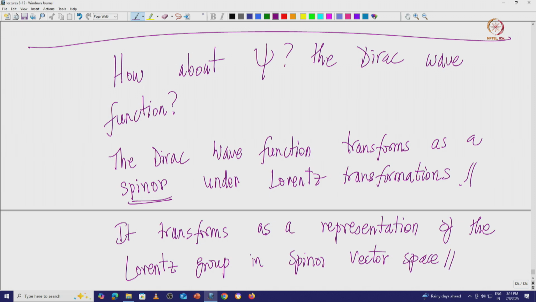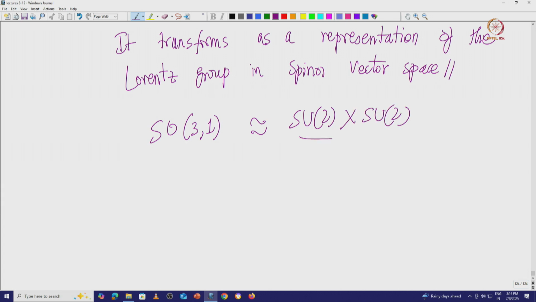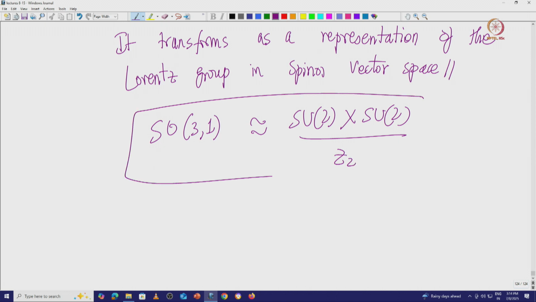Now is such a thing possible? Yes, it is possible because SO(3,1) is related to SU(2) times SU(2), accurately a direct product by Z2. I will introduce what Z2 is.